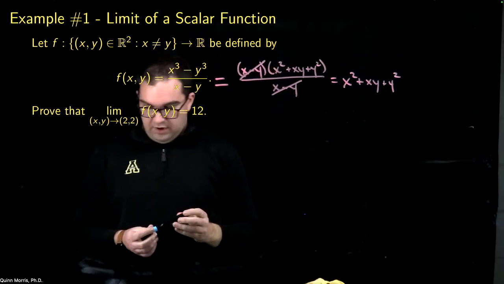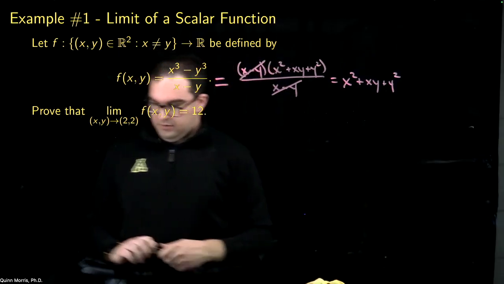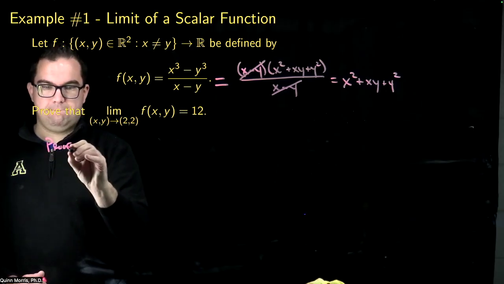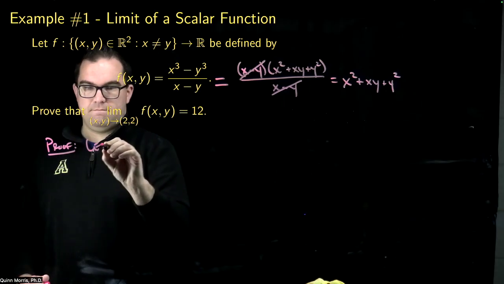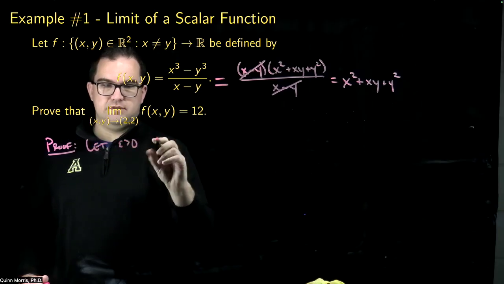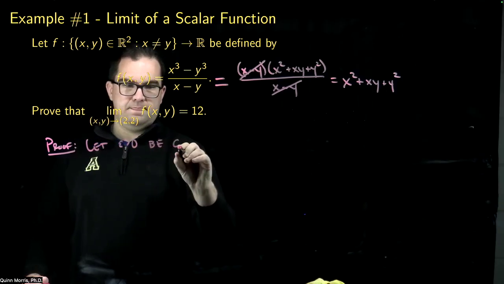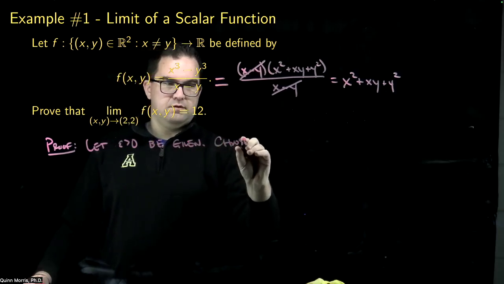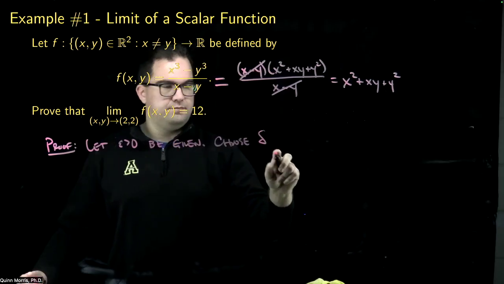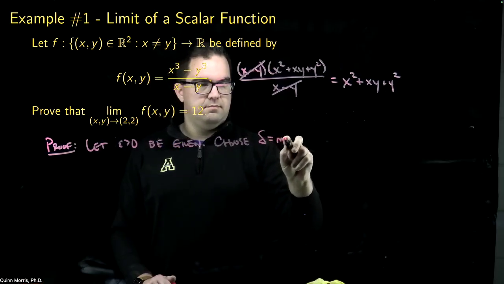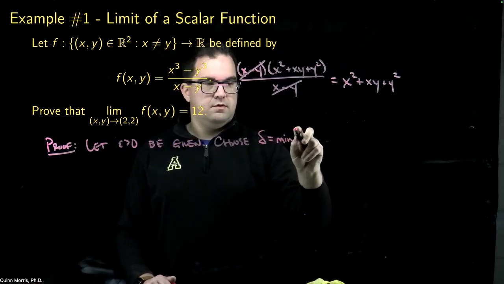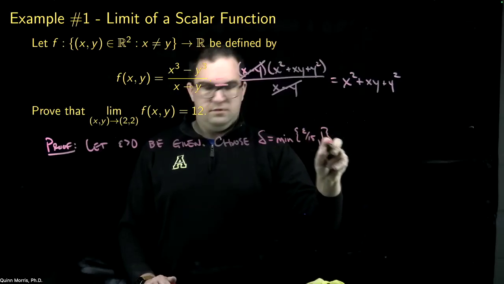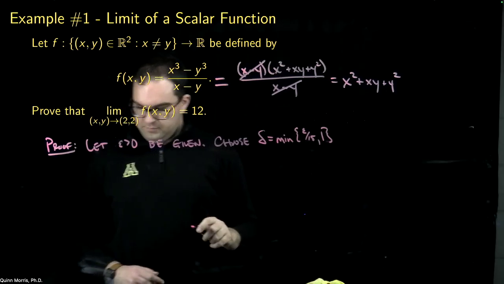All right, so our final proof then, right? We're just going to let epsilon greater than 0 be given. We're going to choose delta to be the minimum of epsilon over 15 and 1.